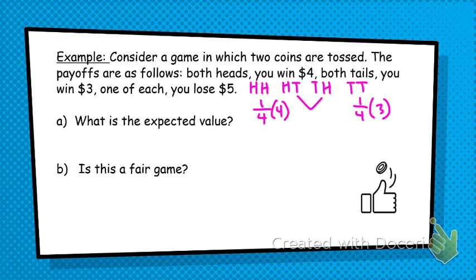If I land on any of the other outcomes, that would be 2 out of the 4 possibilities, and then I lose $5. If I add these all together, that should give me my expected value, which comes to negative 0.75, which means I could expect on average to lose 75 cents every time I play the game.